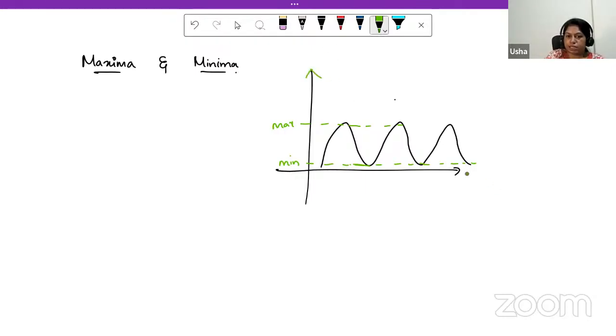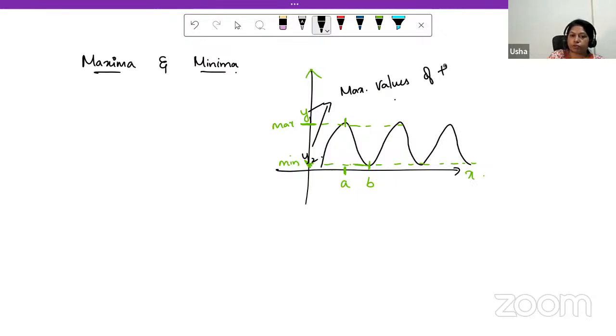This is the y-axis and this is the x-axis. This point is called the maximum value of the function and this point is called the minimum value of the function. The maximum value is attained at this position, this is A. And at this position, the function has attained a minimum value, so this is B. So y1, y2, these are maximum and minimum values of the function.